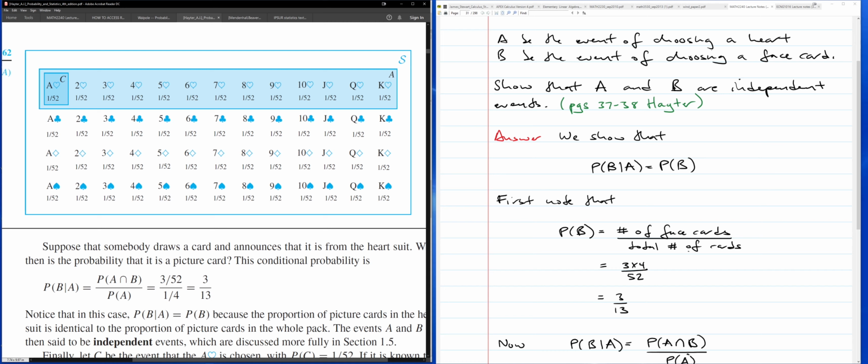Okay, so one more time, the probability of event B occurring is a certain proportion relative to the sample space. The proportion was 3 out of 13, and the total number of cards is 12 out of 52. If you impose the condition that it must be a heart, you're still maintaining the same proportion of getting a face card. So now the probability of getting a face card is 3 on 13.